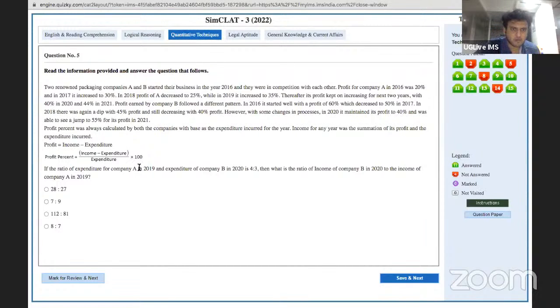Ratio of the expenditure of... इनकम निकालना है ना. ठीक है, expenditure of 2019 में कितना है? ए क्या है? ए कहाँ है भाई? 2019 increase to this was profit 55%. गलत डिसीजन ले लिया यार मैंने, गड़बड़ हो जाएगा इसमें भी.